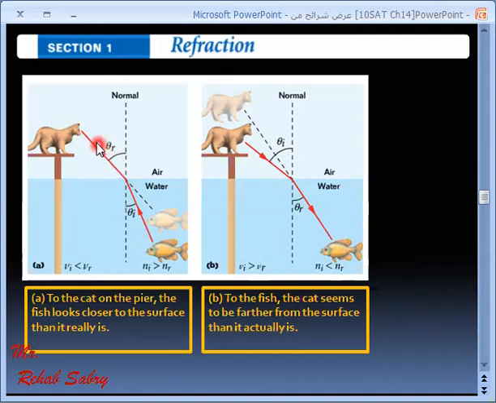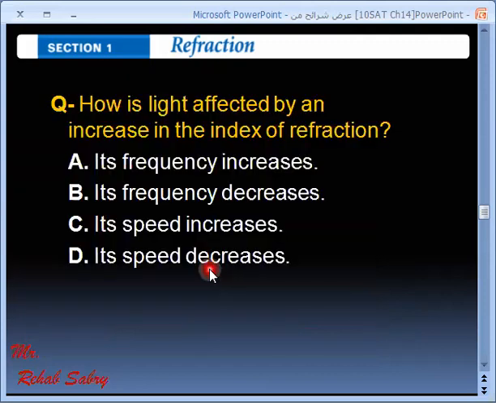This is the ray that reached its eyes, so the image of the fish will be along the extension of this ray.